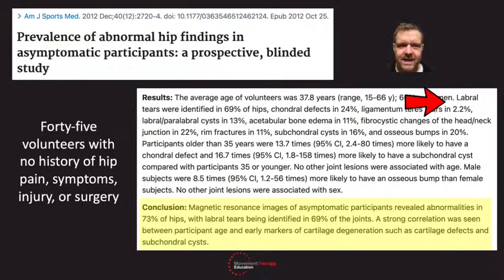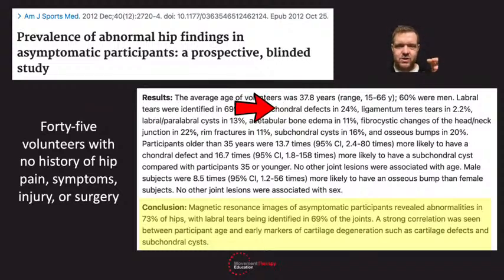And if we have a look here, labral tears were identified in nearly 70% of hips. So what we're just about to talk about, 70% of people who are asymptomatic have these problems. Well, problems, they're normal findings. You're more likely to find them than not.